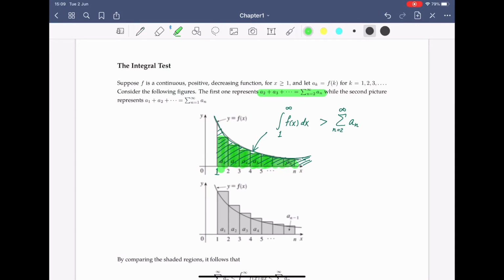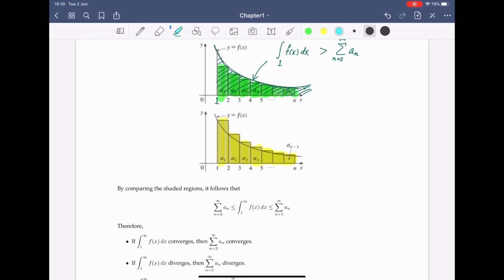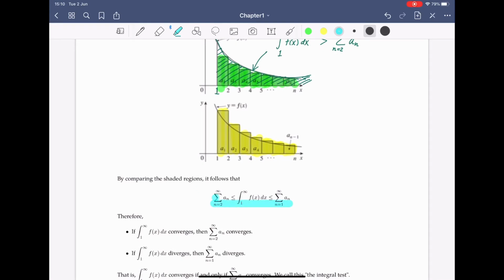On the other hand, if I just look at the sum starting from a1, that will be the stack that I highlight in yellow here. This time, your summation is going to be bigger than the integral from 1 to infinity of f(x) dx. So from this picture, you can conclude this inequality, right?